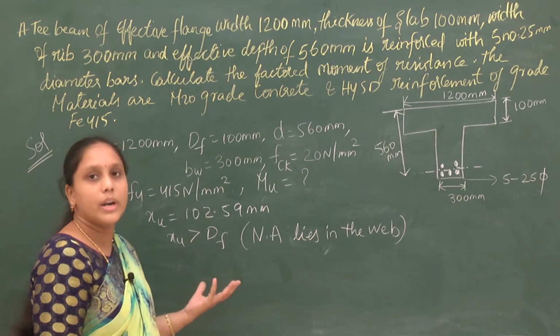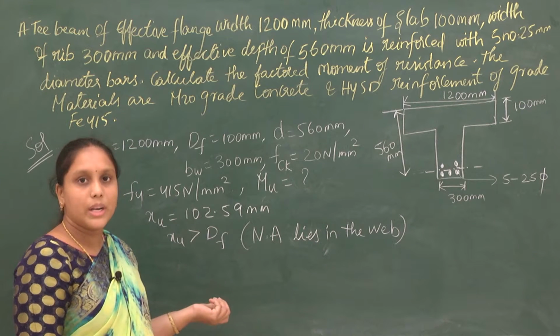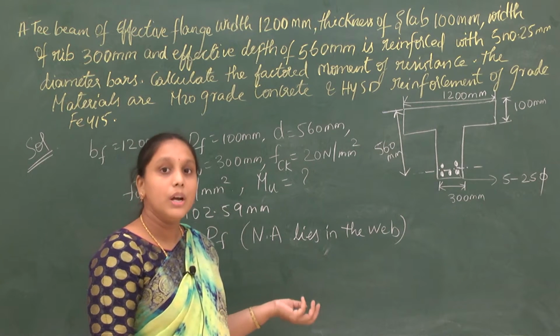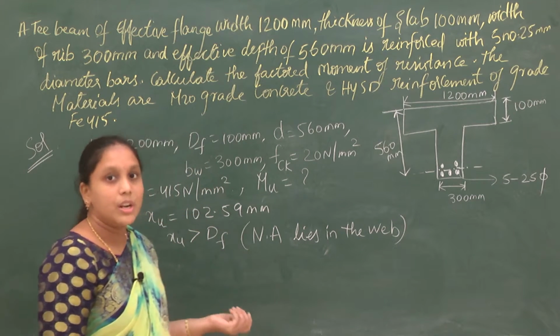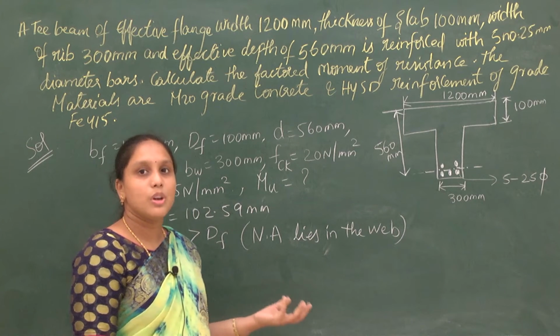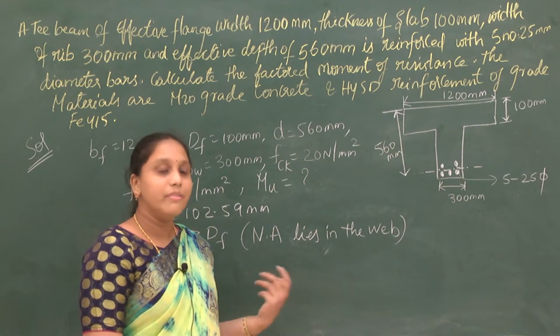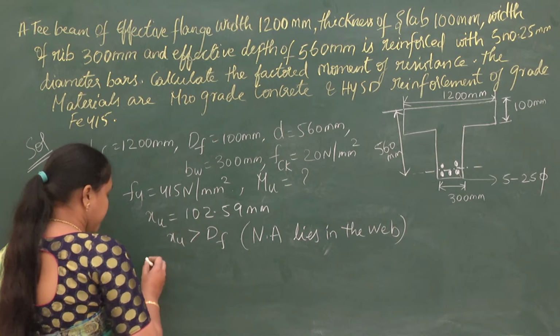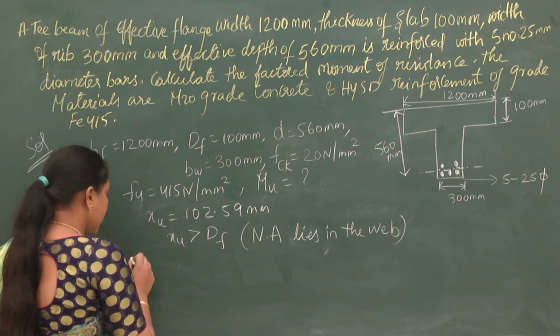We have already known it. So what is it? We have to equate the forces of compression to the forces of tension. So now let us equate the forces of compression to the forces of tension. So what is the force of compression here?